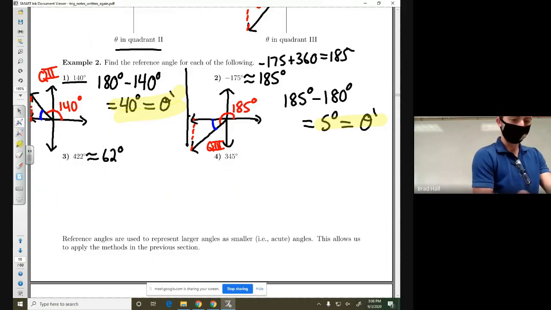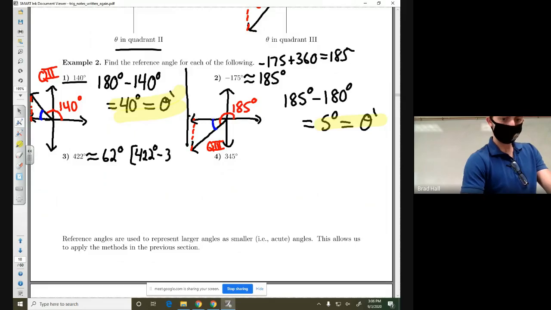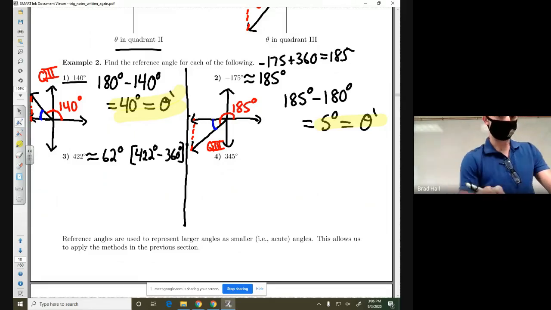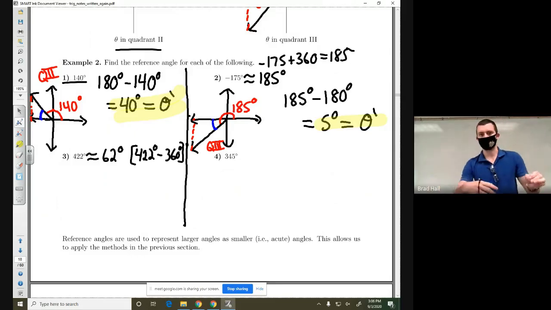And where does the 62 come from? It's just 422 minus 360. So for the rest of the problem, we could just look at 62, and we can ignore 422.